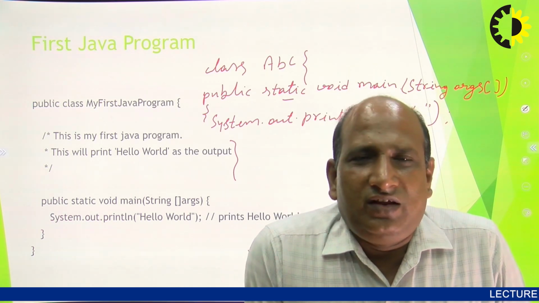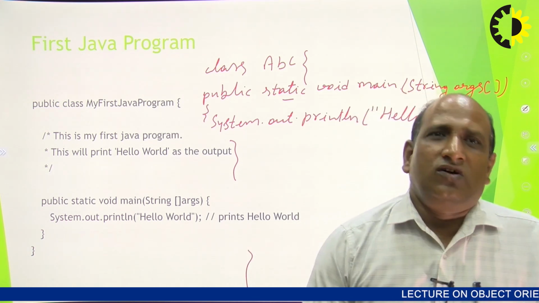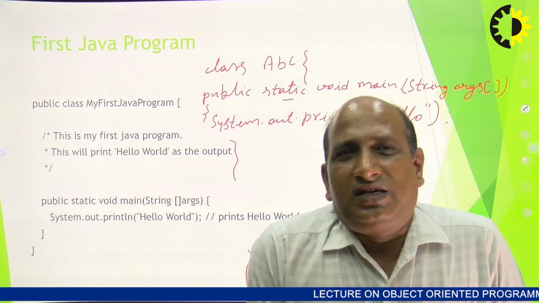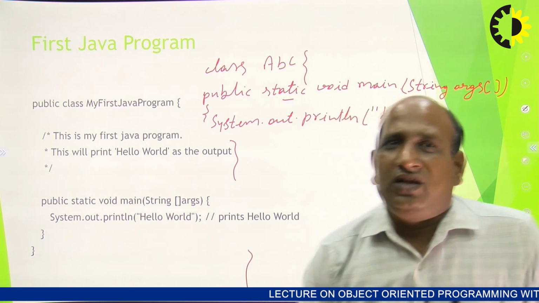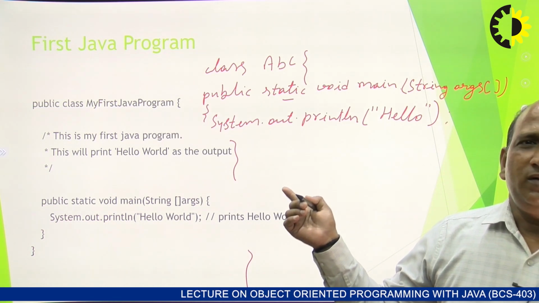If you make any function or variable static, then that function or variable may be accessed directly by the class name without creating the object of the class, and an object can be created only once the main function has executed.